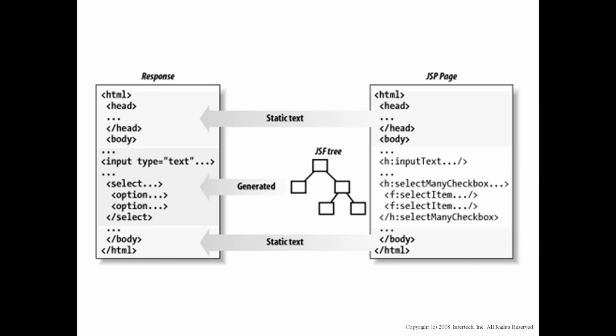So again, this goes back to the point I was trying to make. If you look on the browser side from a JSF application and you do a view source in the browser, you're not going to see necessarily anything that says that it was in fact JSF that was being used, because all you're going to see is standard HTML, standard JavaScript, standard CSS.